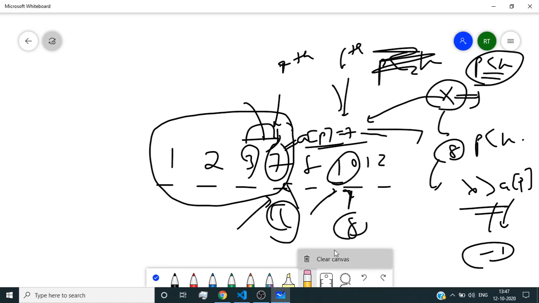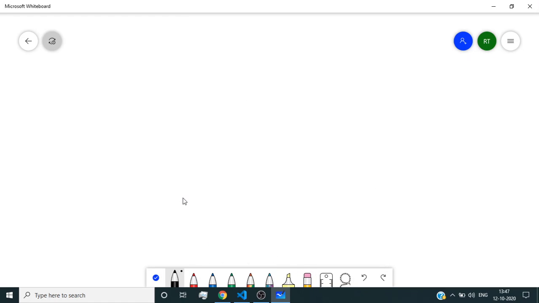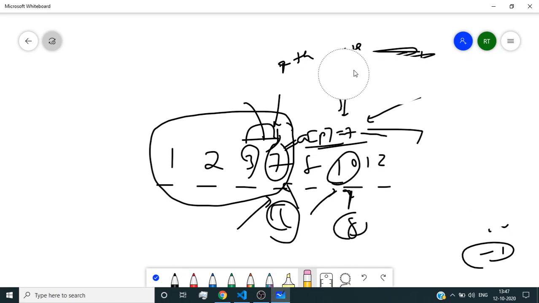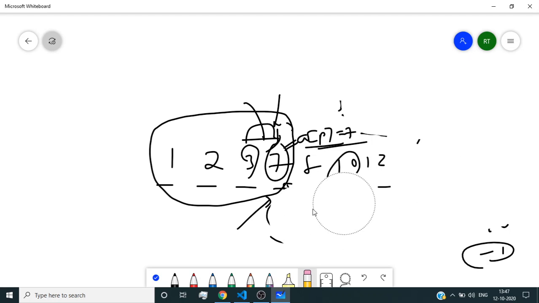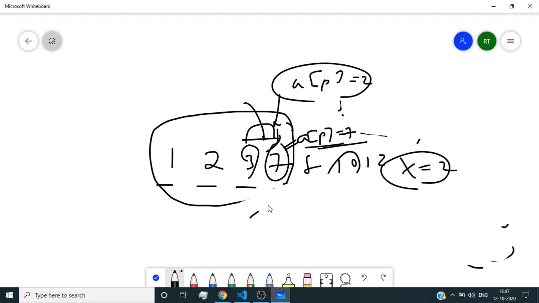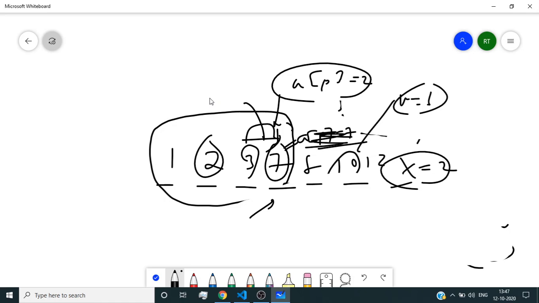Now let's say we have the same example, and now x is equal to 2. Basically we want a of p to be equal to 2. It is possible. Our k is here, which is sixth. We want to push this 2 to here.